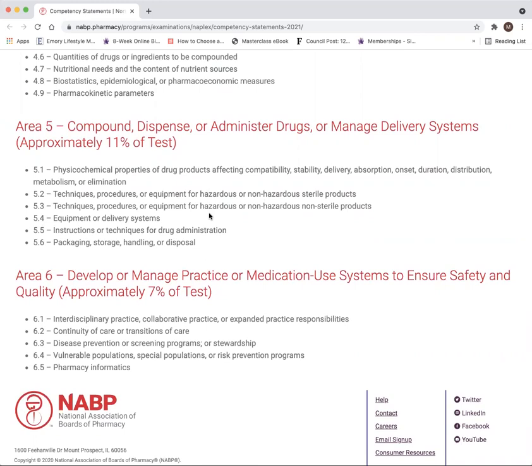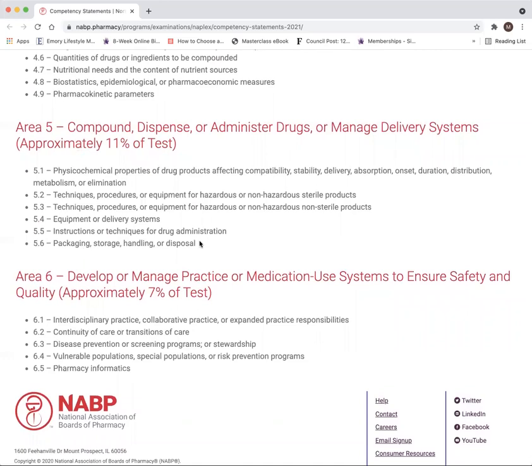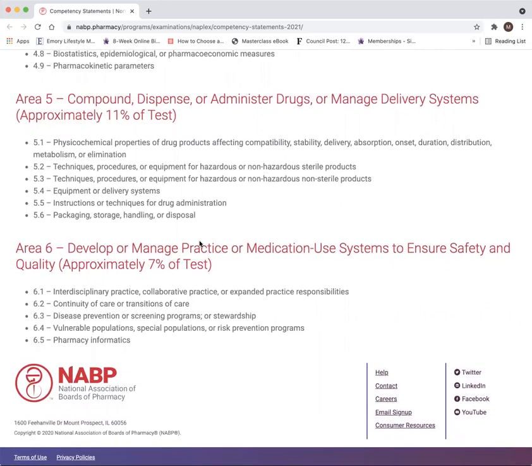And for the ones that are hazardous and non-hazardous, and we have to compound them, what are the circumstances that we need to ensure are present in order for the drug to be sterile, and also to protect the person who's doing the product sterilization. So we need to look at all of those handling procedures, storage, and packaging all at once, including the BUD, beyond use dates, and all of those. And there's also a lot of changes in that.